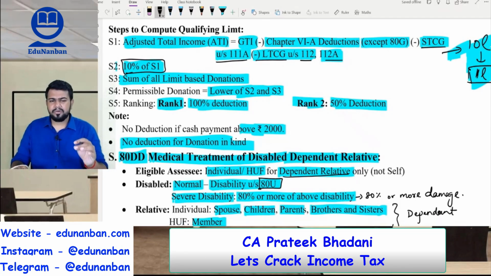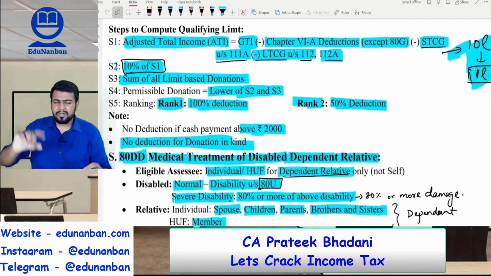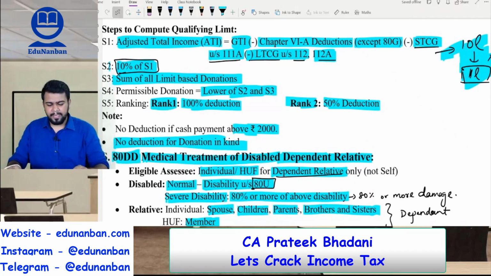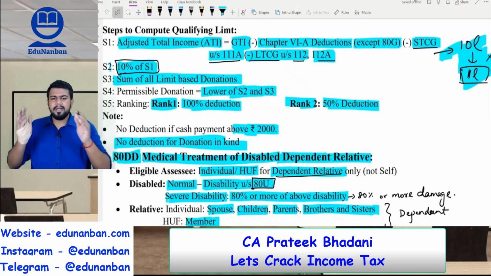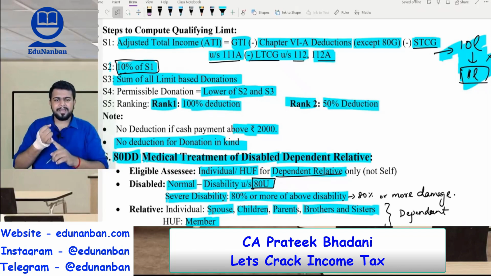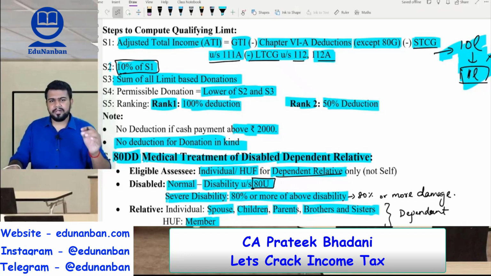How to find adjusted total income? This adjusted total income is different from the adjusted total income that we study in 115JC, that is AMT. So how to find adjusted total income? Gross total income minus Chapter 6A deductions except section 80G. You should also reduce short term capital gain under 111A and long term capital gain under 112 and 112A.